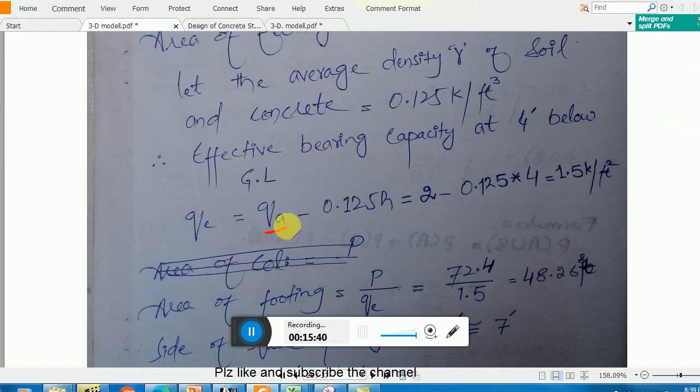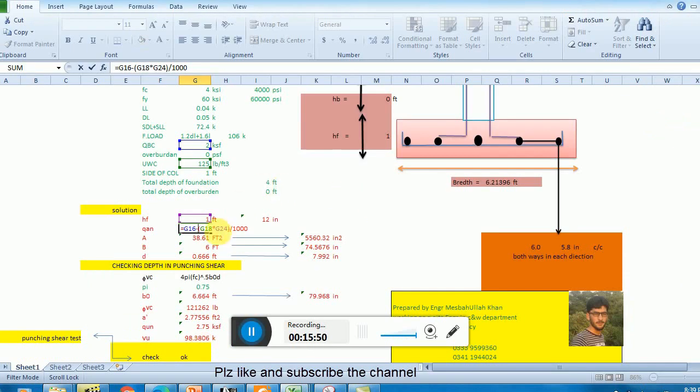QAN, let me check it again. QE is equal to QA minus 0.125 times h, and yes, it uses h equal to 4 because of the average density. This is the mistake.